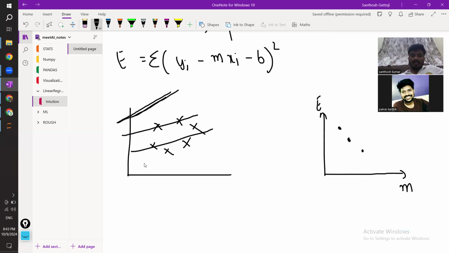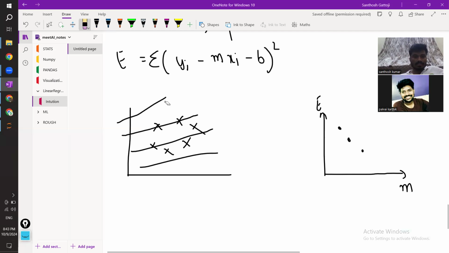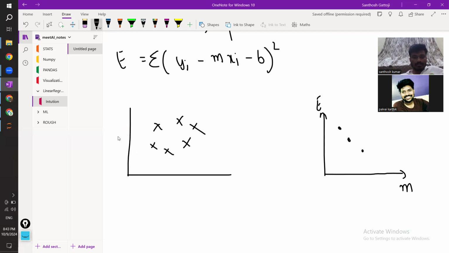Now if I again change the, oh sorry, I'm changing the m, right? So m actually means what? Intercept. Okay, so let's say my y intercept is fixed, my b is fixed.